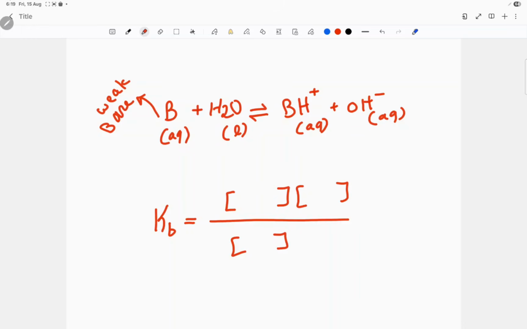As you can see, I'm not putting the water, because you don't put liquids or solids. Aqueous and gas you definitely put. Now, that's how you write the Ka expression and the Kb expression, and we only write them for weak species, like a weak acid or a weak base. Never for strong species.